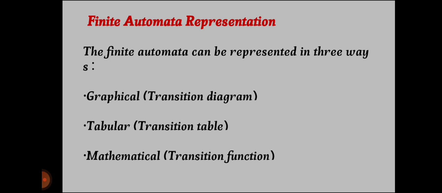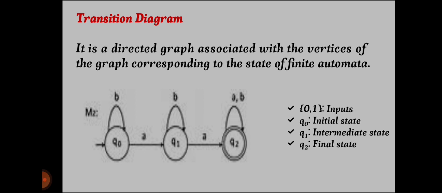Finite automata representation. Finite automata can be represented in three ways: graphical transition diagram, tabular transition table, and mathematical transition functions. These are the three ways we can represent finite automata. Here is a transition diagram.